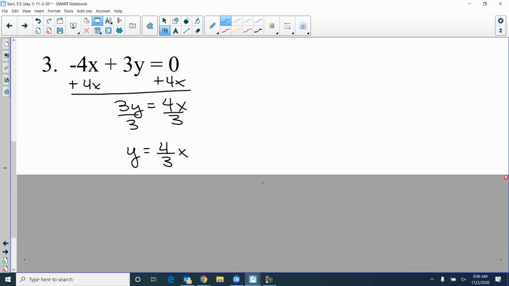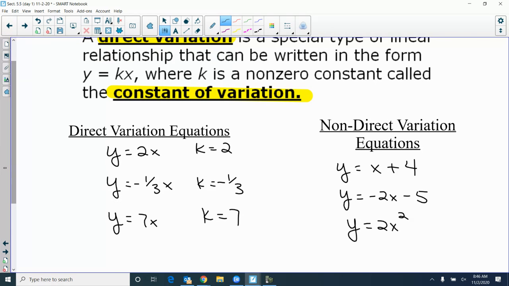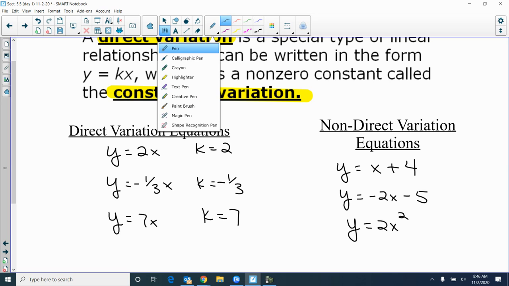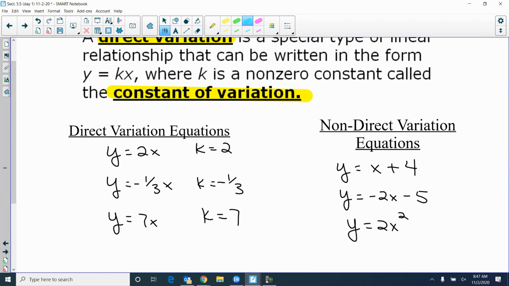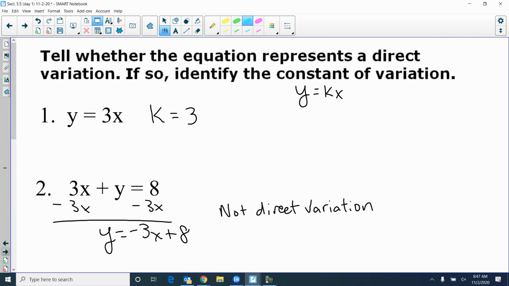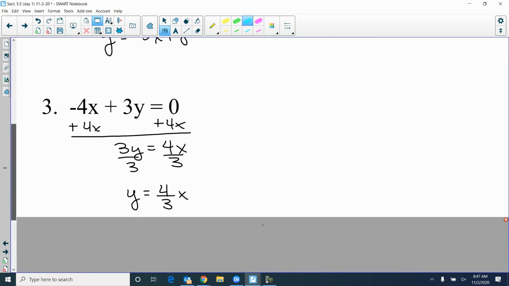Is that direct variation? Let me go back for a second. Let's use our resources. All you're looking for to show direct variation is, can you simplify it to a number times x? For this one, is it just a number times x?